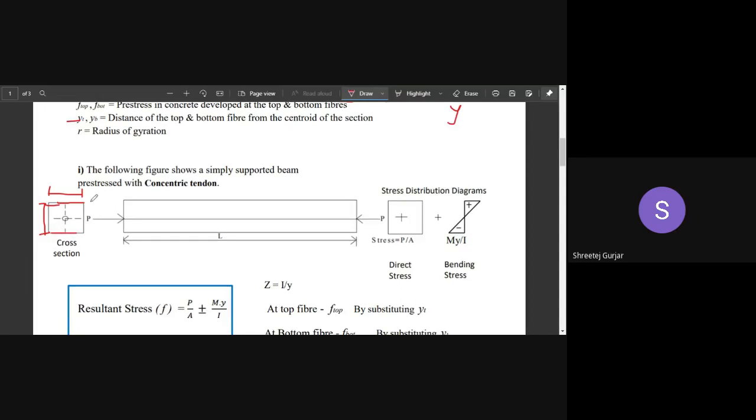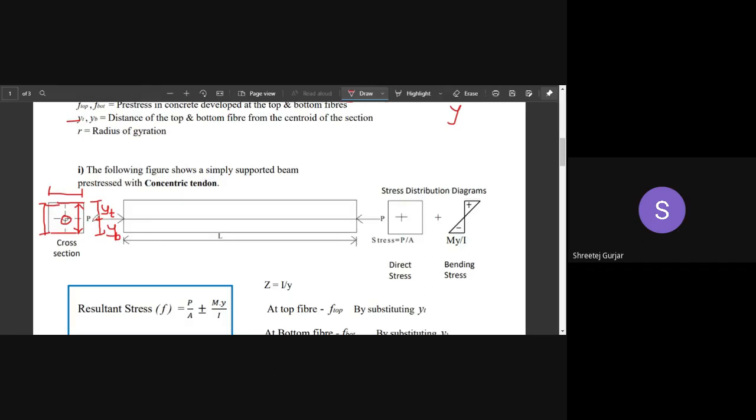So the distance from the centroid of your section is nothing but your y. This is for the top fiber, so I am writing it as yt, and this is yb because it is for the bottom fiber. So the distance from your centroid to your top fiber is yt, and the distance from your centroid to your bottom fiber is your yb.